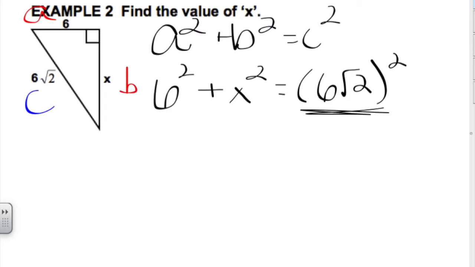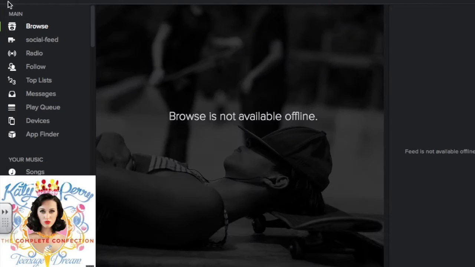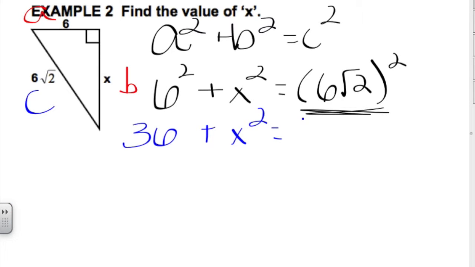Okay, let's go back to our problem here. So I'm now going to work this out where we have 6 squared is 36 plus x squared equals, now from what we got on the other page, square the 6, 6 squared is 36. Square root of 2 squared is going to be 2.